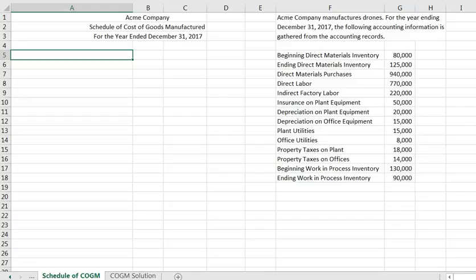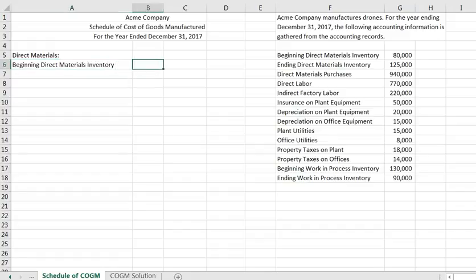The first thing to account for is the direct materials used during the year in the manufacturing process. This is calculated by adding the beginning direct materials inventory to the direct materials purchases, which gives me the direct materials available for use of $1,020,000.